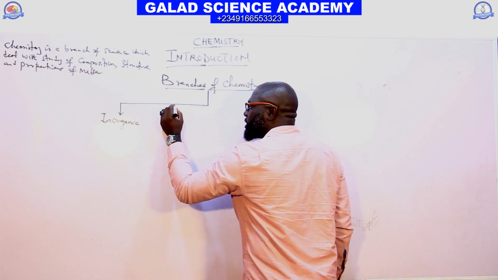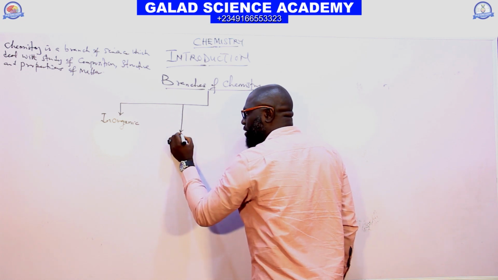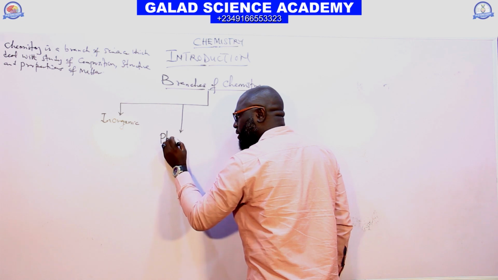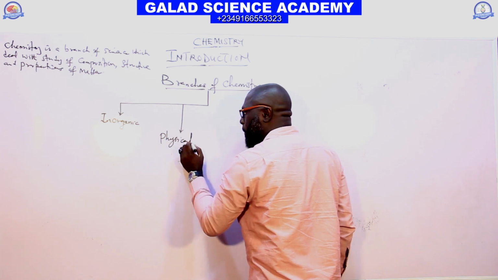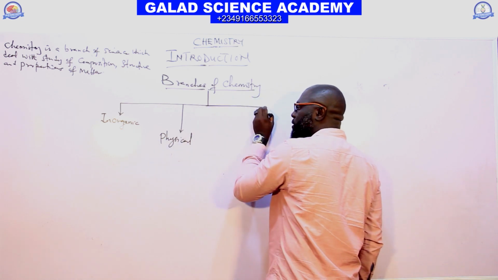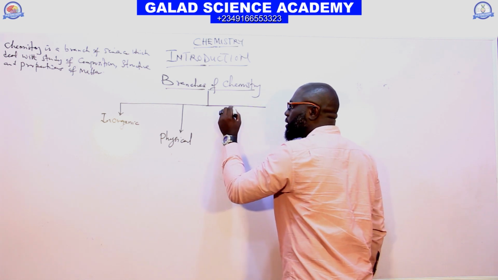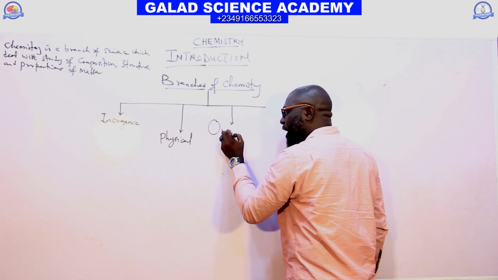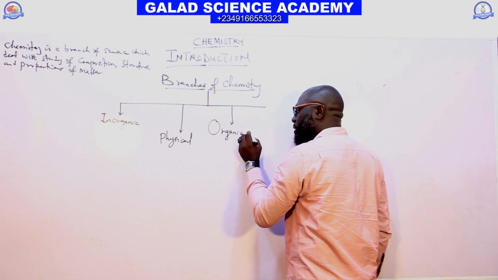The second branch of chemistry we have is physical chemistry. The third part of chemistry we have is organic chemistry.